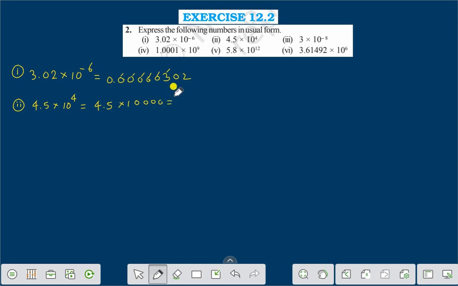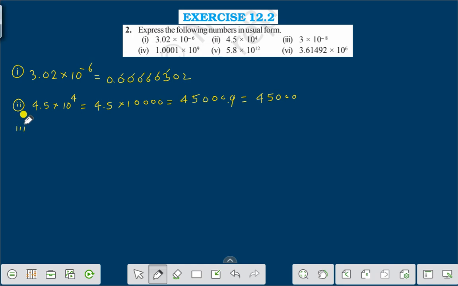We multiply 4.5 with this, that is 4, 5. And how many zeros? 4. 1, 2, 3, 4. And there is a point here. This zero will cut. The result will be 4, 5, 0, 0, 0. It is 45,000. Now question number 3.